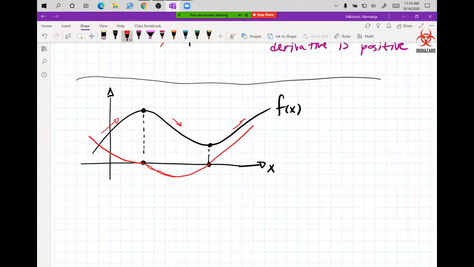So I'm able to sketch a graph of the derivative by looking at the function. I can say, okay, I have increase here, so the derivative is positive, and I have a decrease in the middle, so the derivative is negative, has to be below the x-axis. So I put a little belly over there, and then f of x goes up, again positive, and so on.